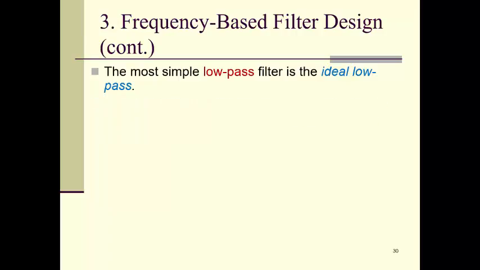So here, what we'll see next is the application of this frequency-based filter in the frequency domain. Here we said that the most simple low-pass filter is the ideal low-pass filter. What do I mean by ideal low-pass filter? The one that has a sharp cutoff frequency. Okay? I have a cutoff frequency of F node. All frequencies below F node will pass, and the frequencies above F node will not be allowed to pass.